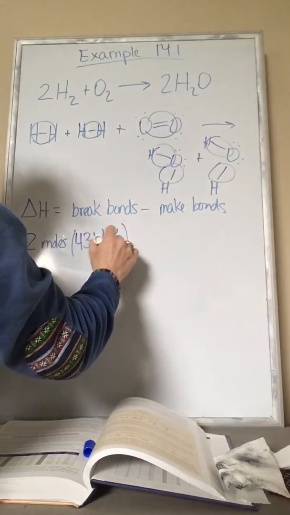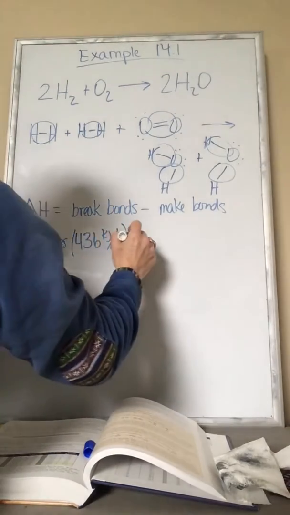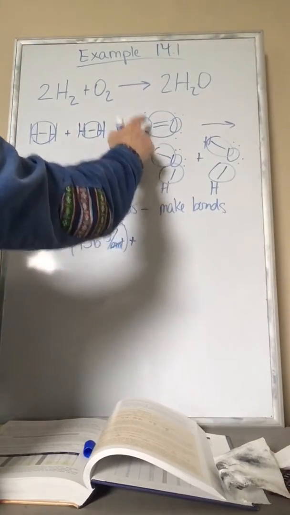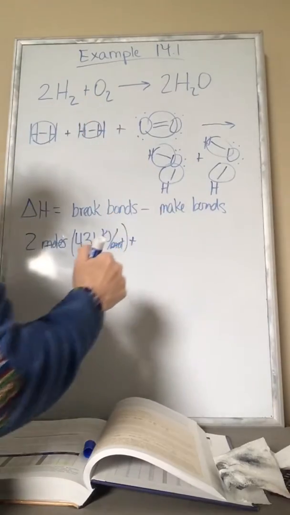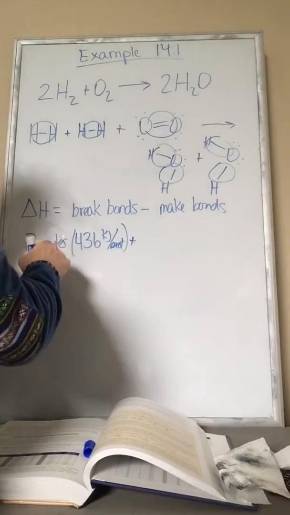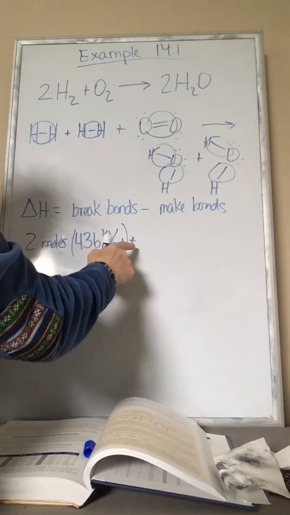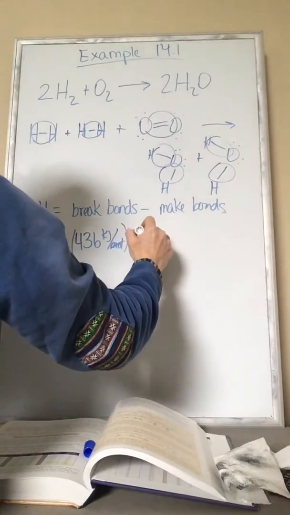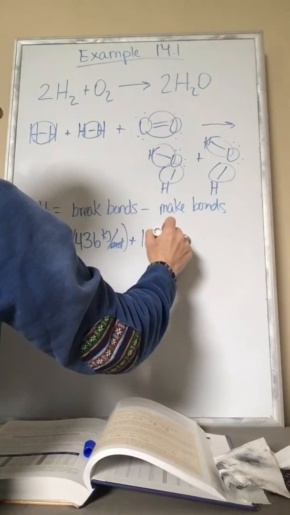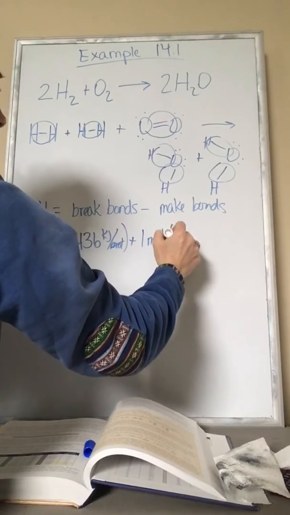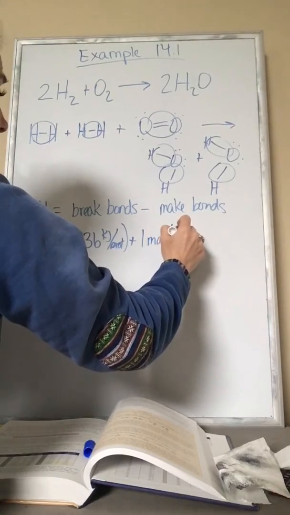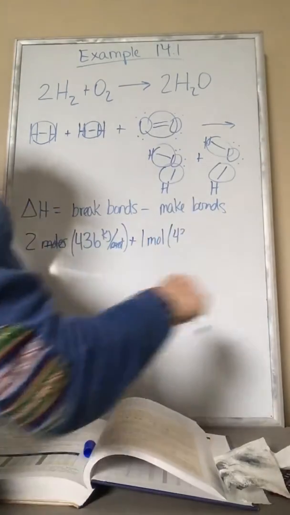Our moles cancel out. Over here, now we only have 1 mole of the O2, but we've got to cancel out the moles because the units have to be the same in both of them. So even though it's times 1 mole, you still need to multiply it by 1 mole so your moles can cancel out. I'm sorry, this isn't 436.